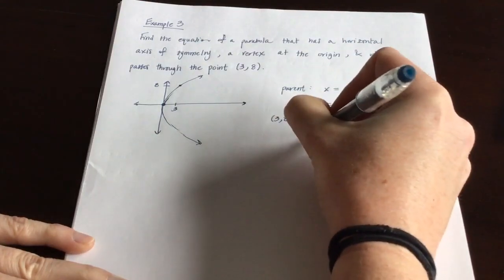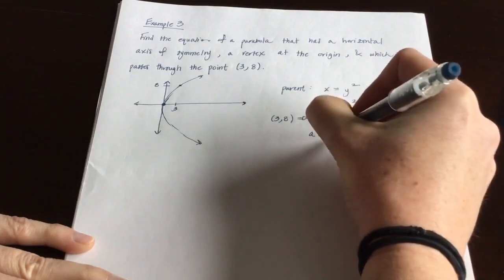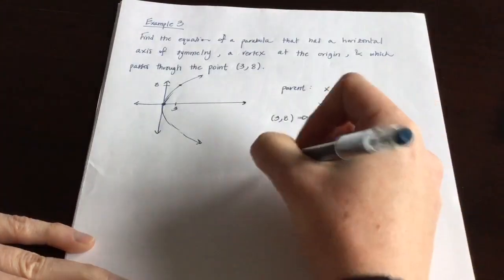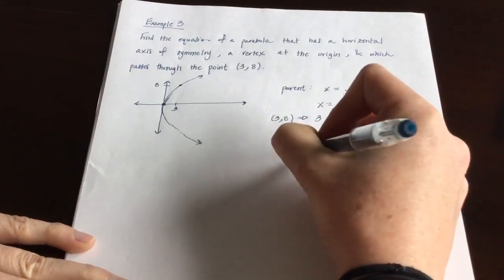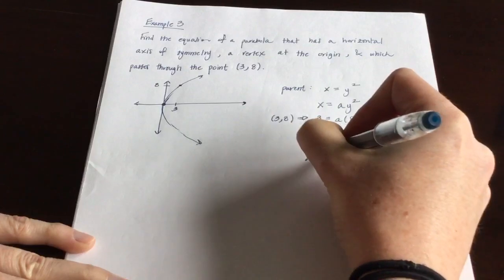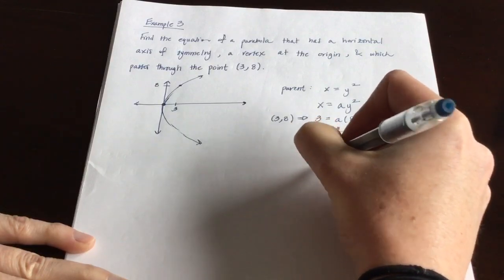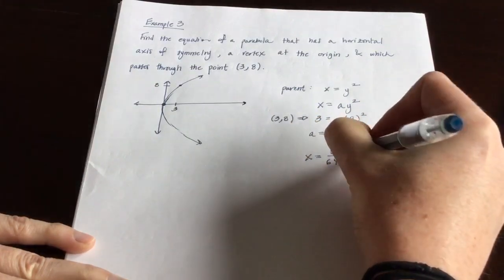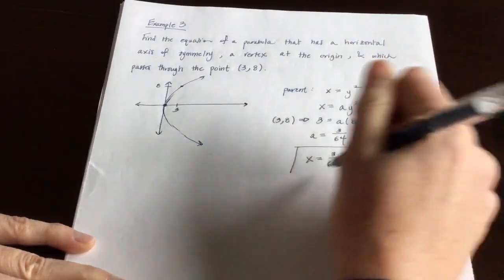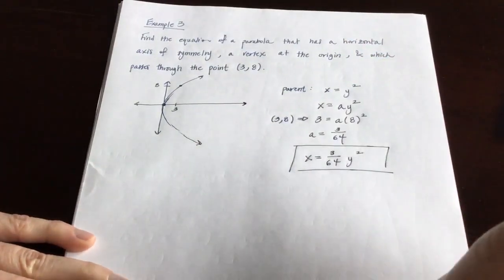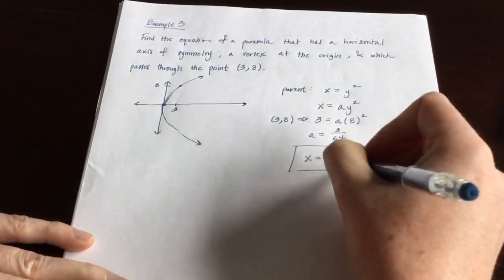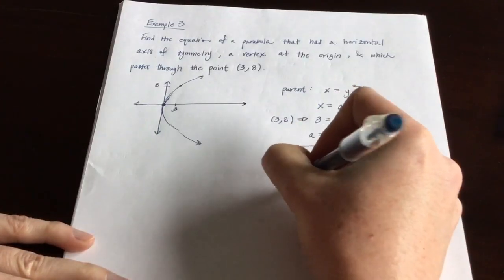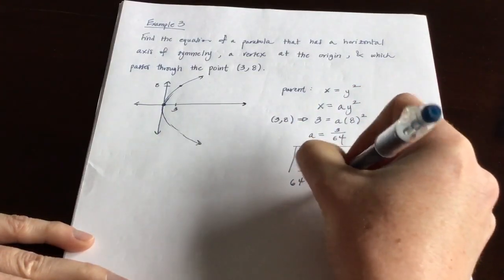And so your A value would end up being 3/8 squared, which is 3/64. So what's the equation of your parabola? It would be x equals 3/64 y squared. There you go. Now, let's say you check your answer in the back of the book and they don't have that answer. They could have multiplied both sides by 64 and had an answer that looks like this.